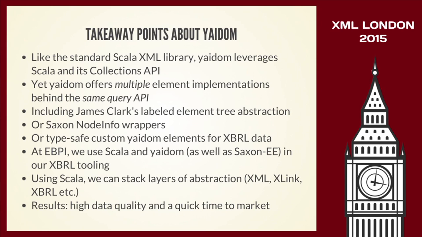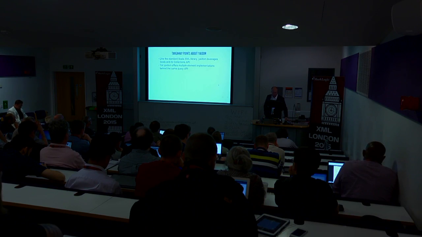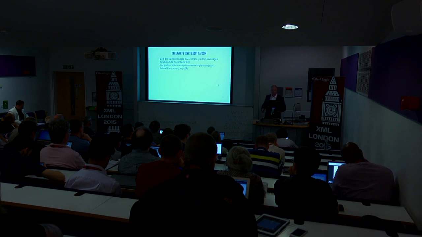So, yaidom is, in a sense, comparable to the standard Scala XML library because it leverages the Scala language and its collections API. One important difference, as we saw, is that we can support multiple element implementations behind the same query API. Well, actually, you can choose how much of the query API you use.